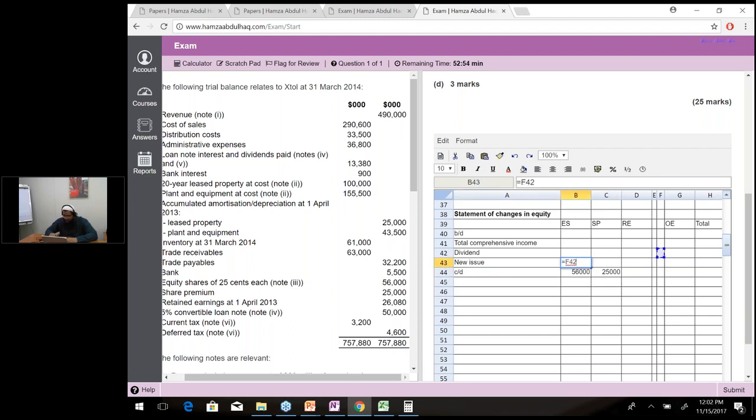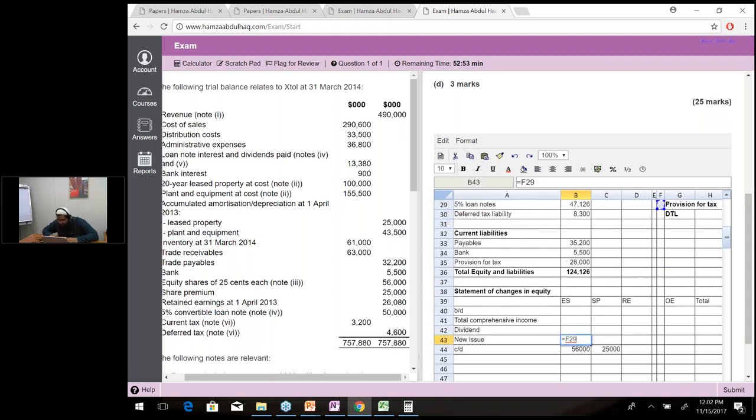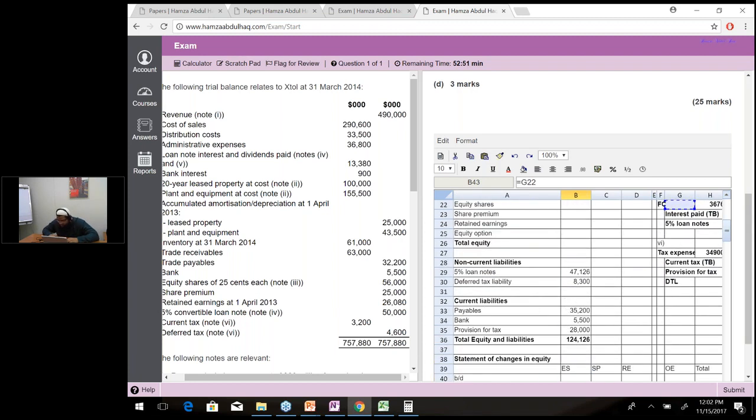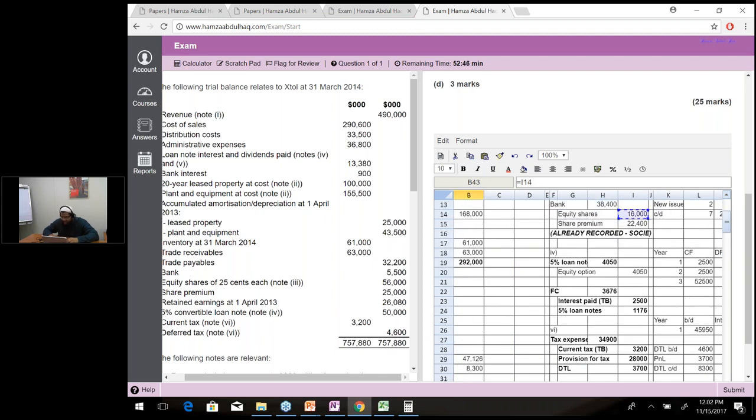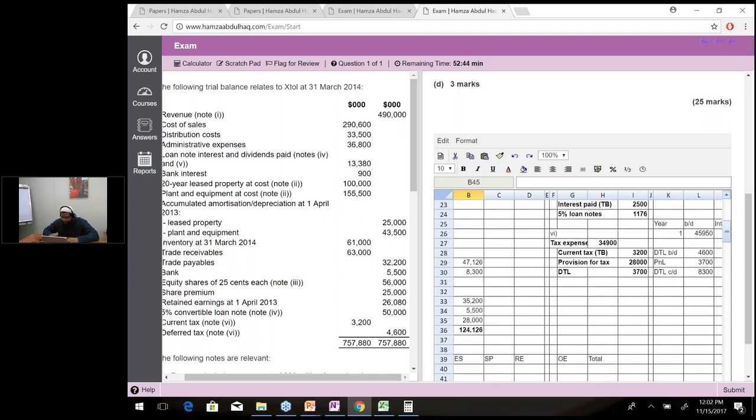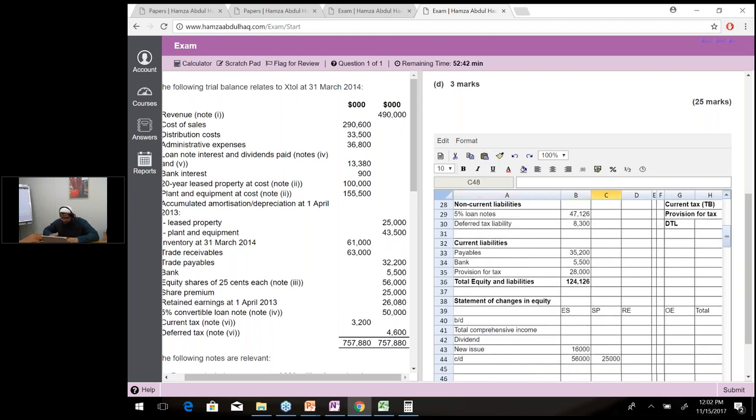And the new issue we have already written in one of the entries, which was share capital is 16,000 and then the share premium was 22,400.